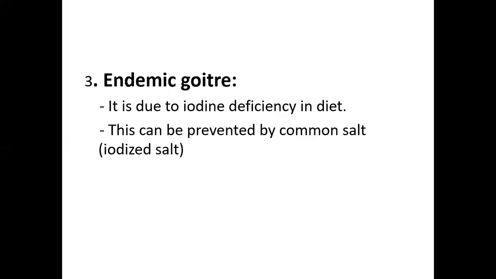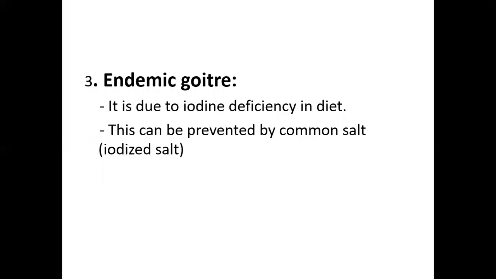And then coming to the synthesis, mainly it undergoes 5 steps: iodine trapping, then iodine binding and oxidation, then coupling, hormone synthesis and release, then peripheral conversion of T4 to T3. And then you have mechanism of action, pharmacological actions, and then regulation of release of thyroid hormone, that is negative feedback mechanism.